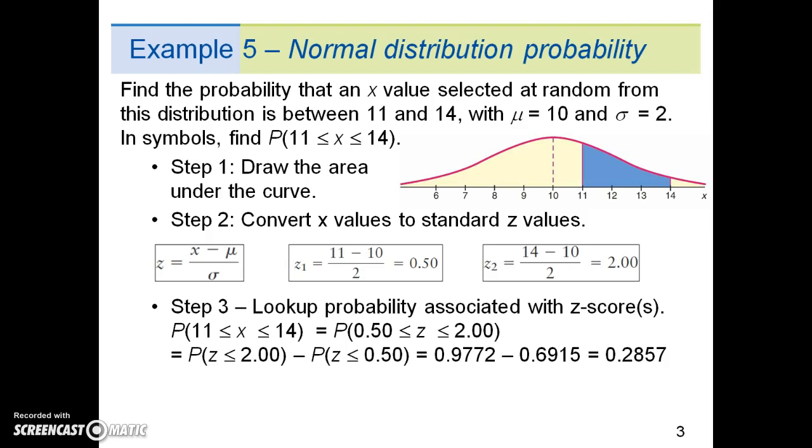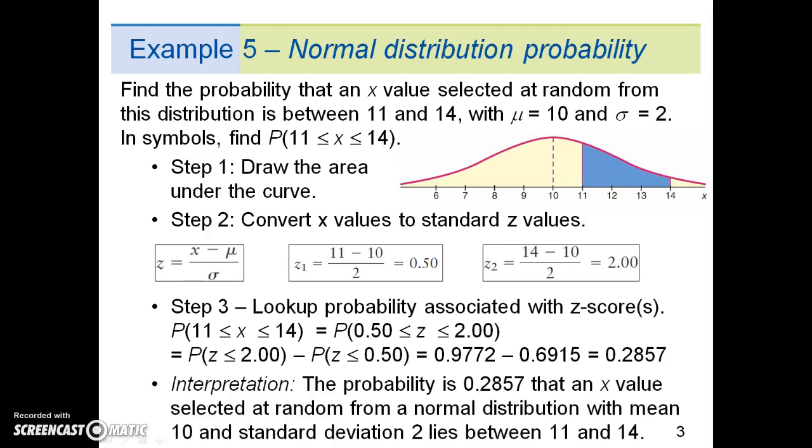When we look up those values in the back of the book, table 3 in the appendix, we get a probability of 0.9772 associated with z of less than or equal to 2.00. And we get a probability of 0.6915 associated with a z value of 0.5. Doing the math, we get 0.2857.